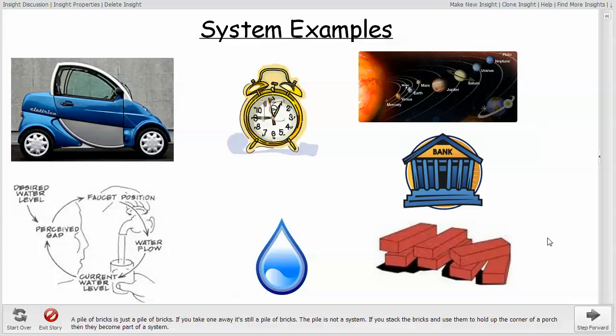A set of bricks, simply laying on the ground, is just a pile of bricks, is typically not considered a system, because what purpose would you associate with that pile of bricks?